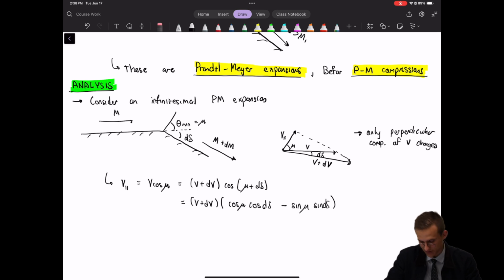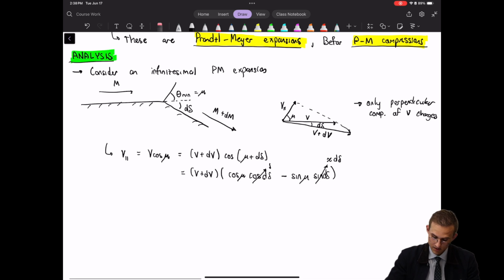Okay, and we're talking about the limit where delta is very small. The cosine of an angle very, very close to 0 is essentially equal to 1, right? And the sine of an angle that's very, very close to 0 is not 0, rather, it approaches just the small angle itself, so d delta. And this is a 1 here.